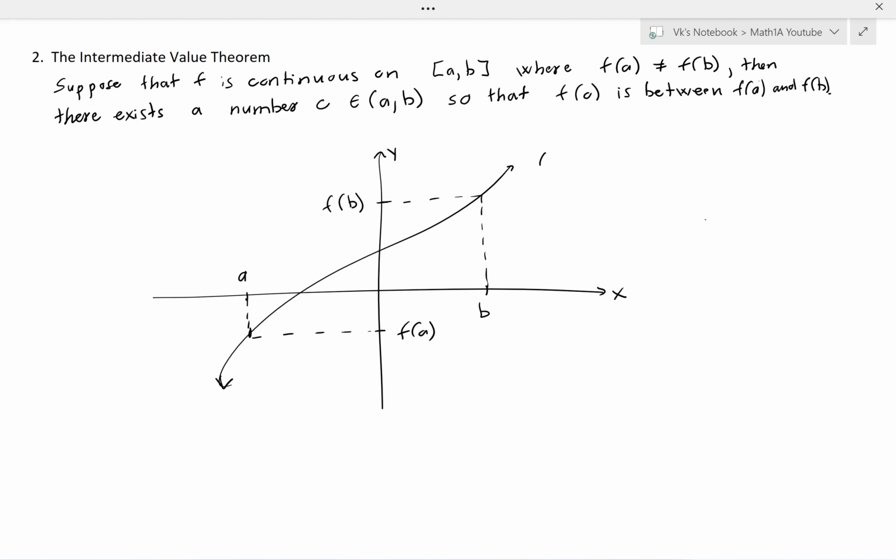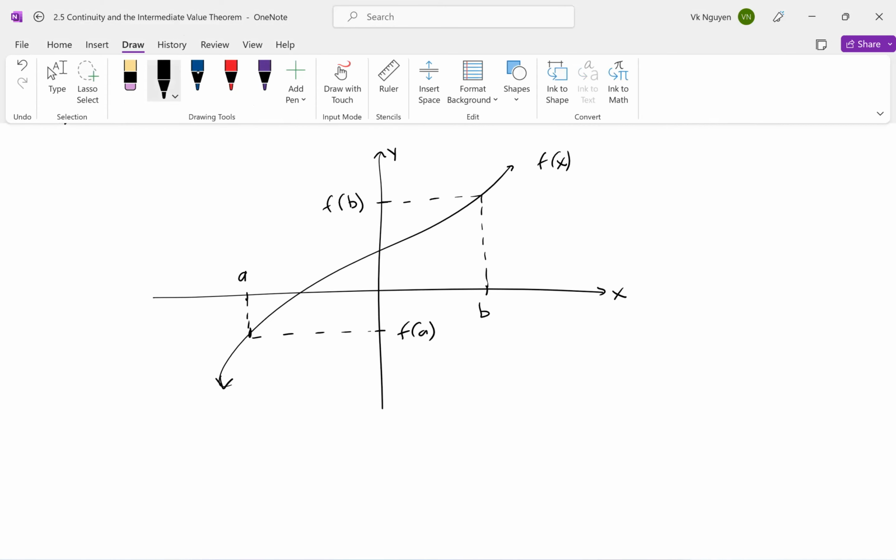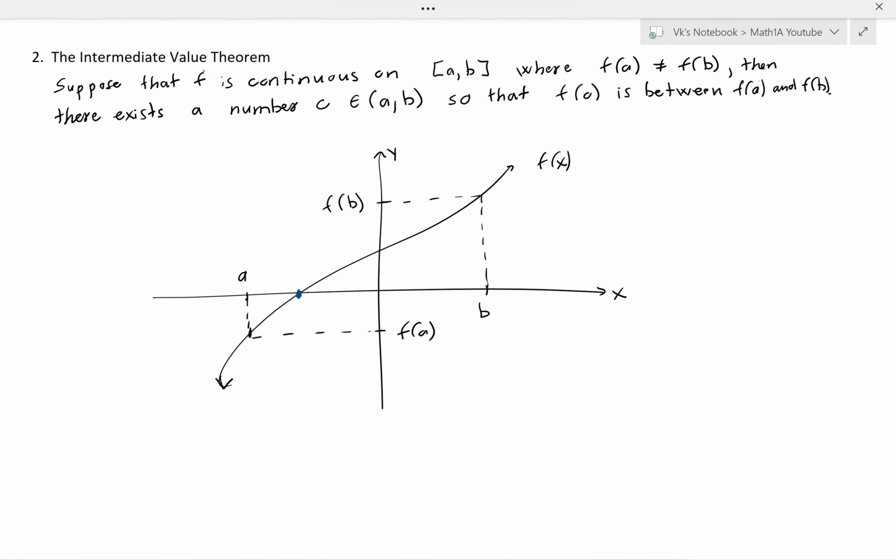Because the function f(x) is continuous on the closed interval a to b, as you can see, there's the number c right here, so that f(c) is 0. It's between f(a) and f(b). And c right here is the 0 of the function.